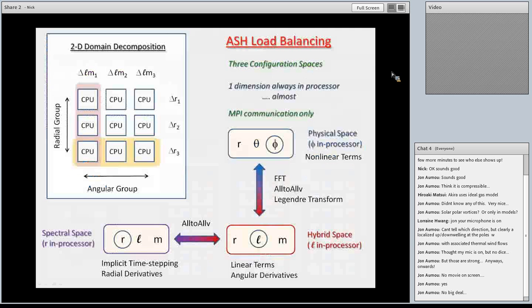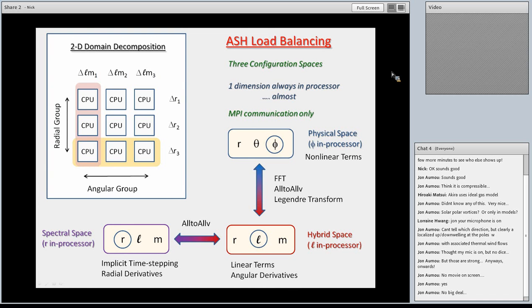Okay. So we use a 2D domain decomposition in ASH, which is what I'm showing in the upper left here. We envision our processors as being decomposed into process rows and process columns. We distribute spherical harmonic modes, a cluster of which I denote by delta LM, across columns, and we distribute radial levels across rows.